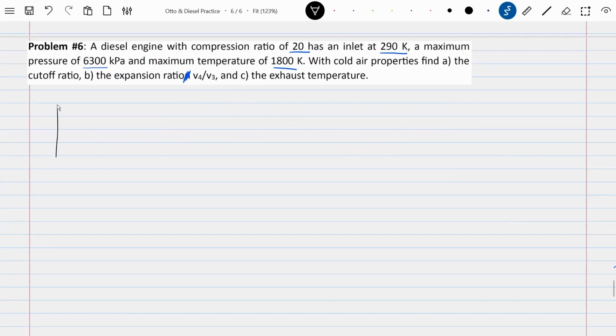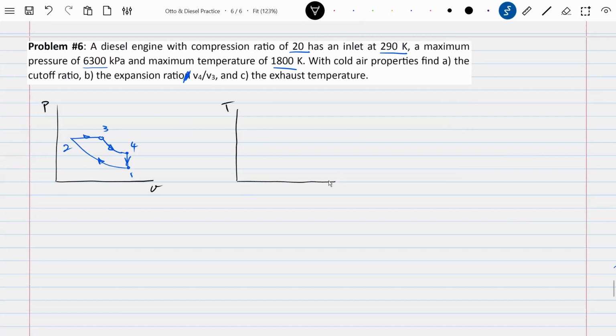I'm going to draw the PV and TS diagrams, like always, just so that I know what I'm doing. Point 1 to 2, 2 to 3, 3 to 4, and 4 to 1. Now, you don't need to be pretty accurate with the diagram. As long as it shows you the correct process, you're good.